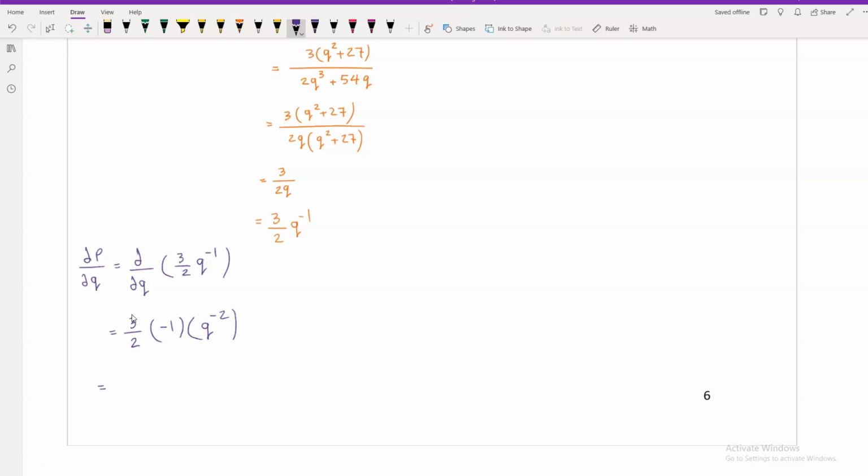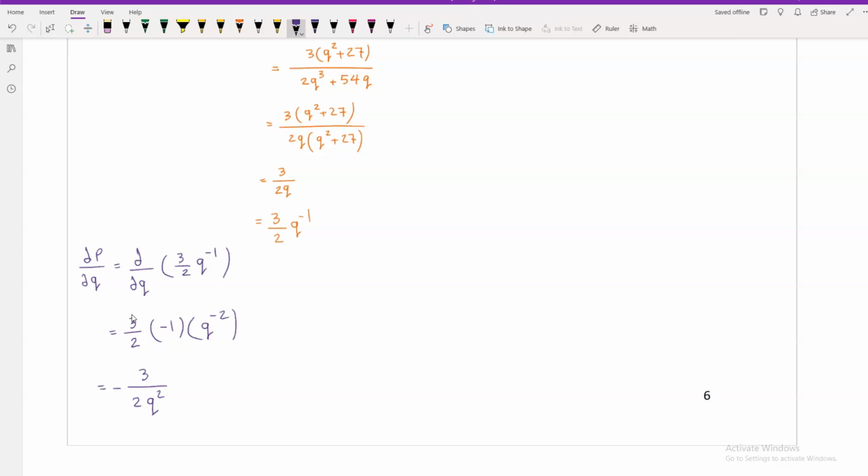So what we have for this part is negative 3 divided by 2. I can move this negative power to denominator, making it positive. So it's q squared. So this is what we have for first derivative.